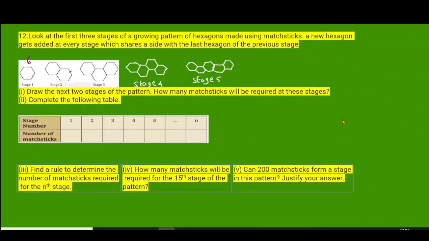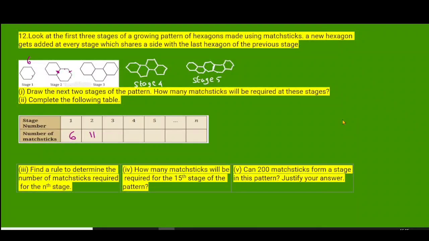Complete the following table. Stage number 1 means one hexagon has 6 sides, so 6 matchsticks. In the second, one side is shared, so this one is a common side; only 5 are added. 6 plus 5 is 11.